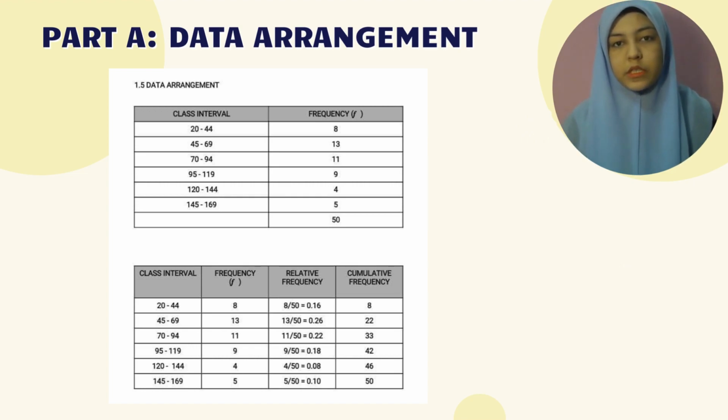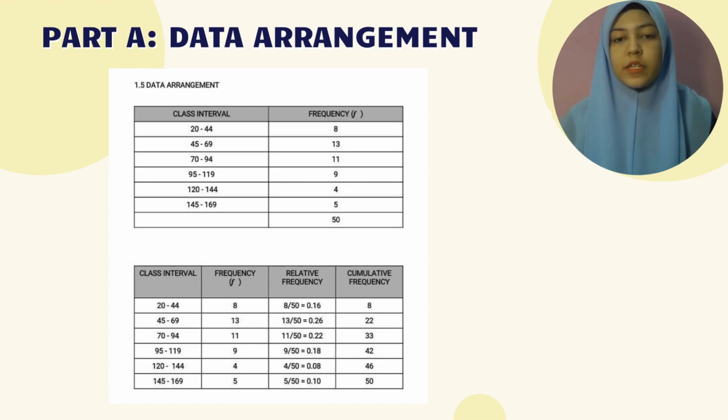From the relative frequency, 8 divided by 50, we get 0.16. 13 divided by 50, we get 0.26. Okay, next. 11 divided by 50, we get 0.22.